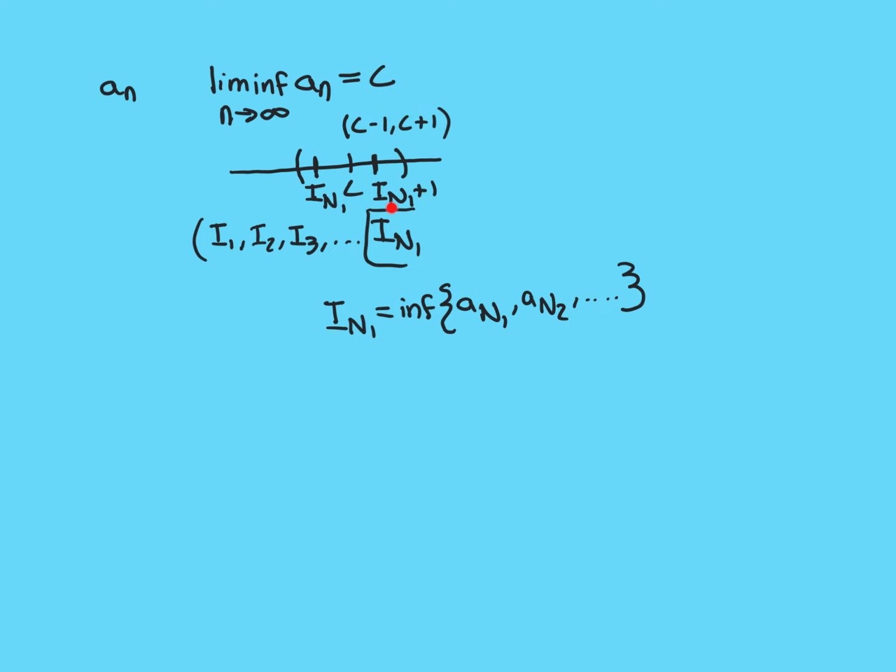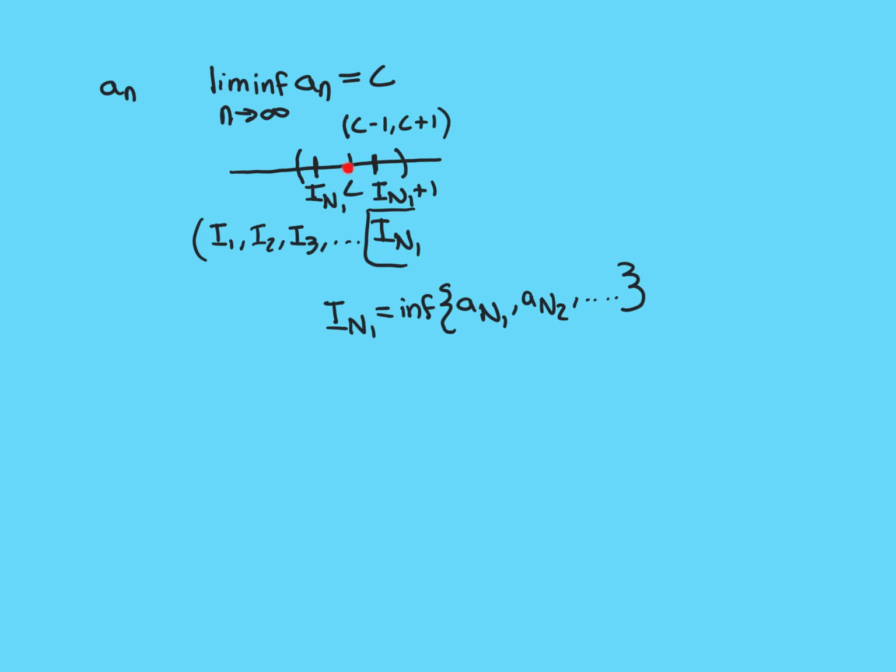So now what I can say is this value I_N1 plus 1 is not a lower bound for this set, because if it were, it would contradict this being the greatest lower bound for that set. Therefore, since it's not a lower bound, there must be something in the set that is strictly less than it. I also know that thing will be greater than or equal to I_N1, because that is a lower bound for the set.